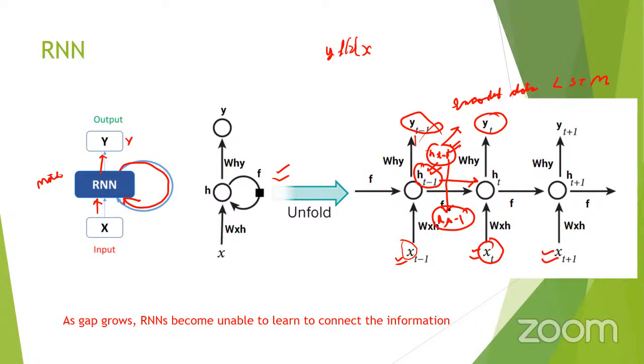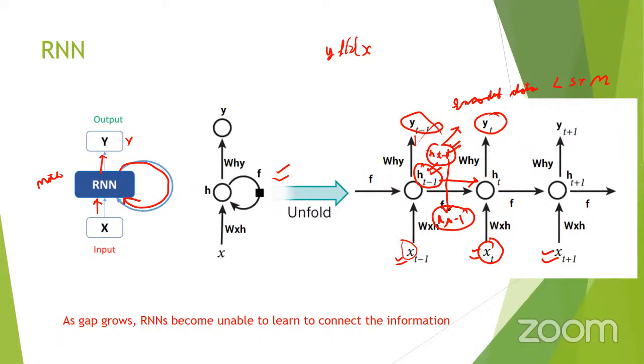Now, the main problem with these simple RNN models was that there was some loss of information. If we go deep, or if we go back a lot in the past, it was not able to remember the stuff. You can say it has short memory issues. It doesn't have long memories, right?